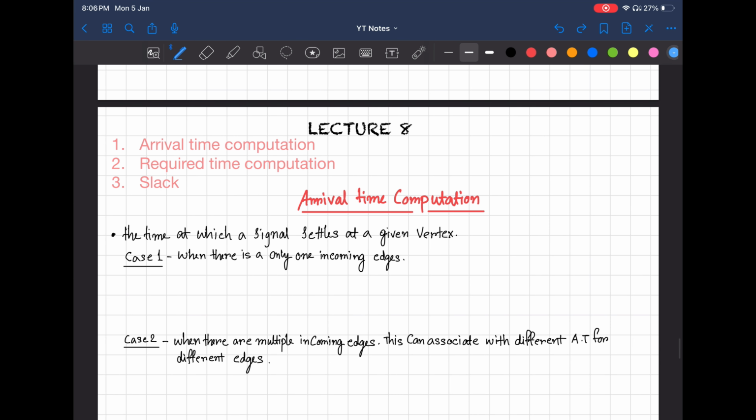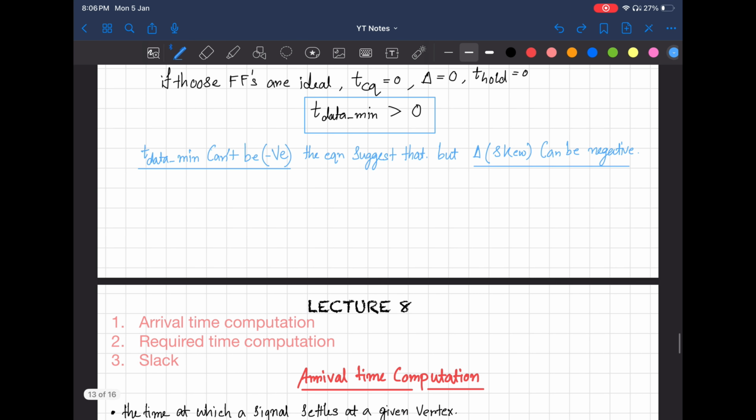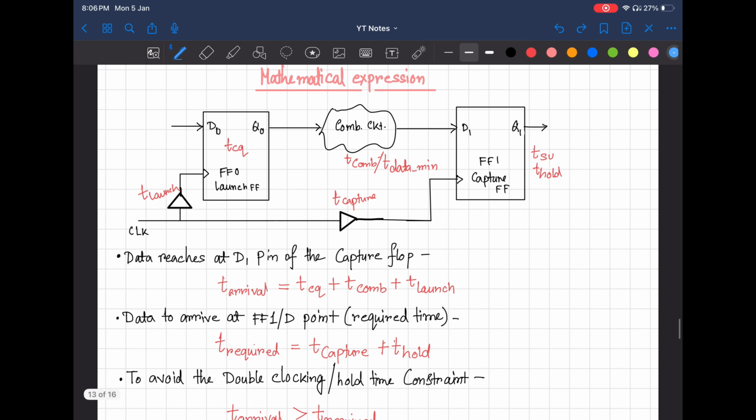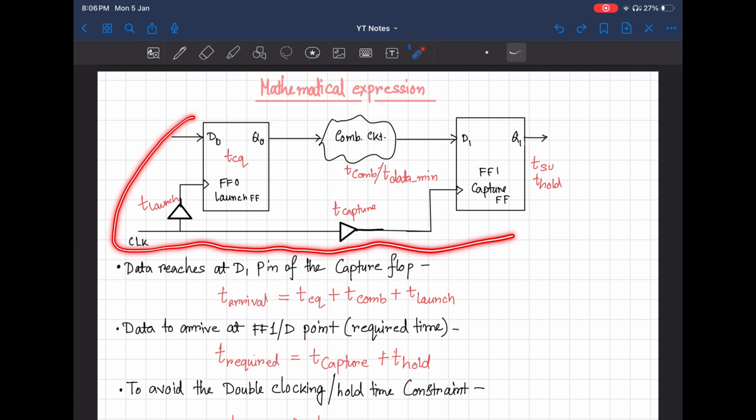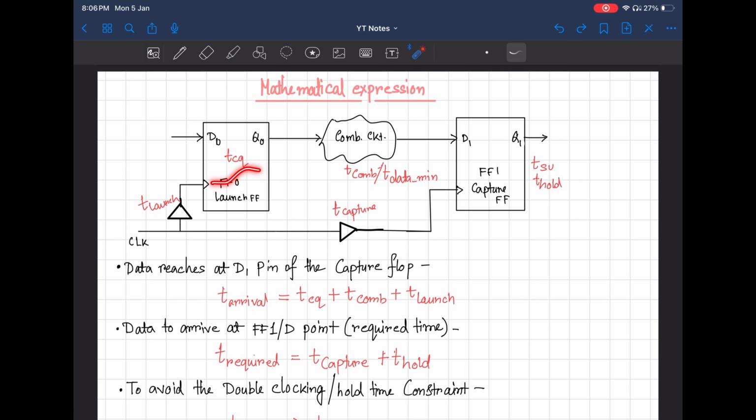Several times we have discussed this type of sequential circuit, which may be part of a very big sequential circuit, but there we generally computed arrival time along this path.